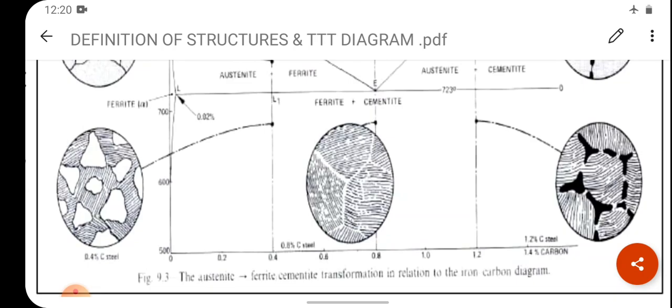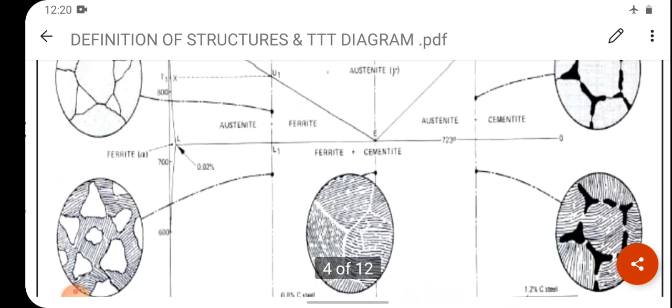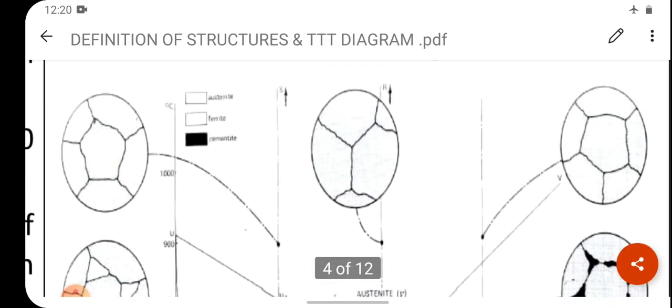So this is the iron carbon equilibrium diagram. I am starting from the top. See this again, I have shown here austenite, ferrite and cementite with different rectangles. Cementite is in dark color. So I am considering the first circular part I have drawn here, showing microstructure at temperature above 900 degrees Celsius and percentage of carbon 0.4%.